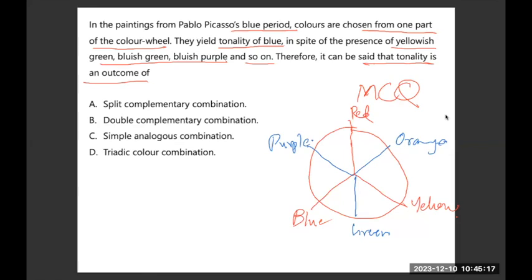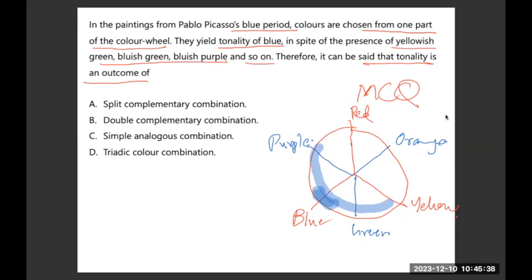What it says is, to yield the tonalities of blue, only one side of the color wheel is chosen. Only one side of the color wheel.